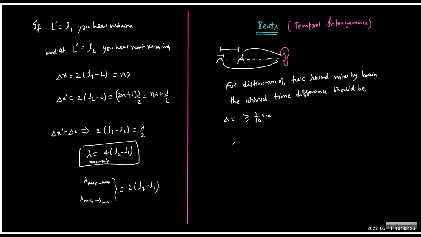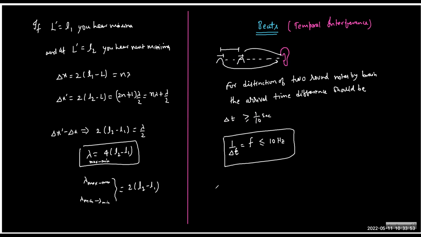So the inverse of time period we call frequency, and that should be less than or equal to 10 hertz. So we can only distinguish between two sound notes if their frequency difference is less than 10 hertz.